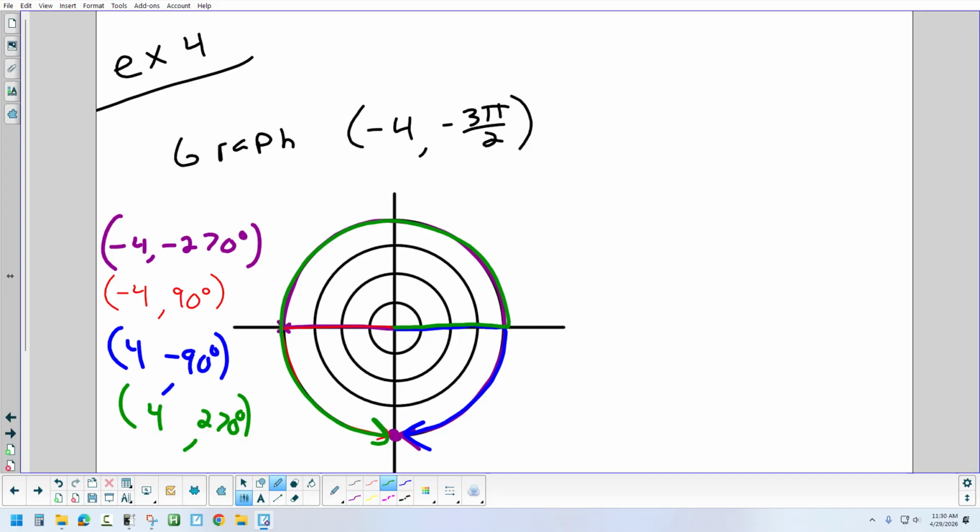So, how many different ways were there to get to that point? 4. Okay, so in polar, there are up to 4 different ways to get to the same point. How about if I had a point right here? What would be one way you could get to that point? 4, 360, which would be the same as 4, 0.